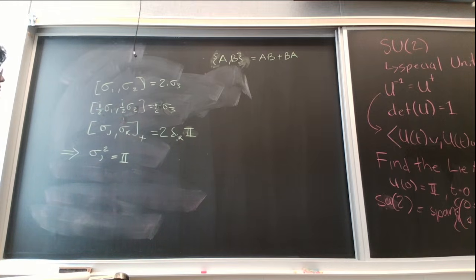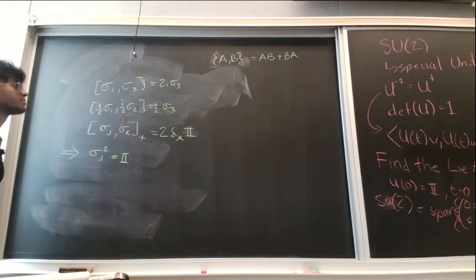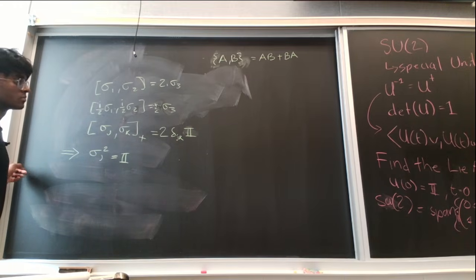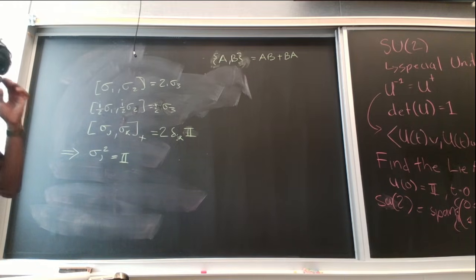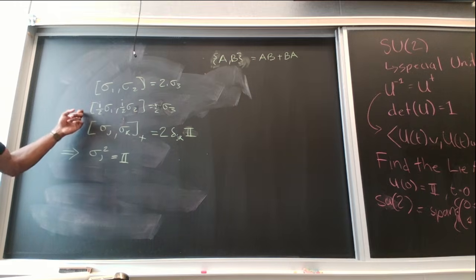And so in fact, remember that if you want to specify some simply connected Lie group, it's sufficient to just tell me what the Lie algebra is. You just need to tell me it's some vector space, and what the Lie bracket, the commutator on that vector space, is.